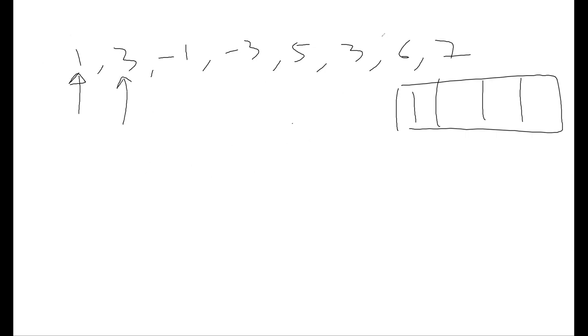Now there's an element called 3, right? So based on the condition that we discussed, if 3 comes in and there's a smaller element than that, it will never be a probable maximum candidate, right? So I'll remove it and put 3 in that place, because that's the new probable maximum candidate.